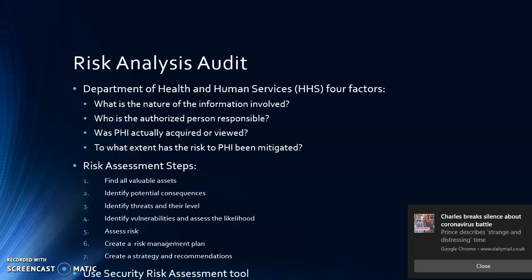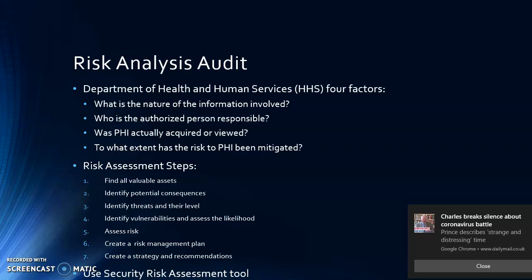if everything is complying. Some of the information that you'll gather is how the ePHI is stored, if it's stored on a computer, laptop, or any other electronic device.